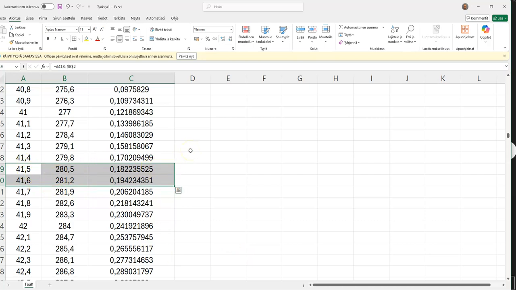So this Excel is many times very useful when you want to check if you have made correct calculations, because you may change the values there and check.